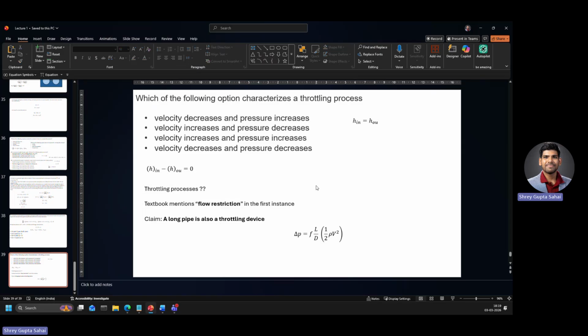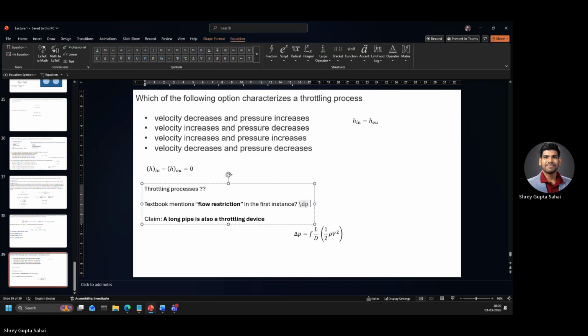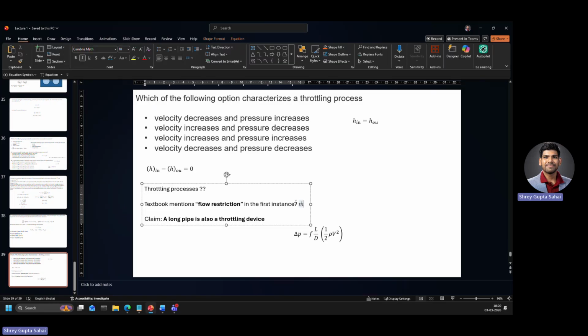Now, what does flow restriction mean? Are you trying to say that the flow rate at the outlet will be lower than the flow rate at the inlet? Would that count as flow restriction? What do you think? Let me write this down. Is that what flow restriction should mean?